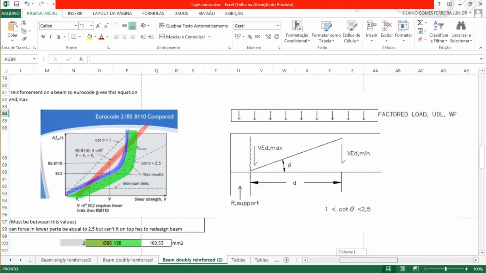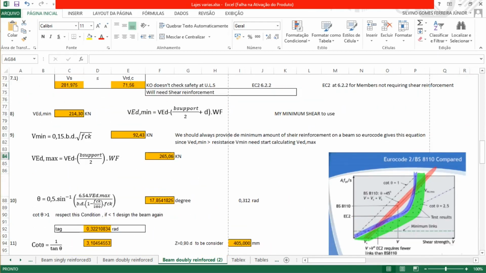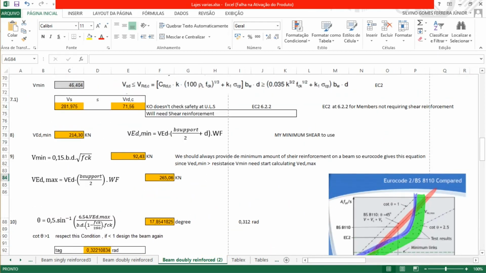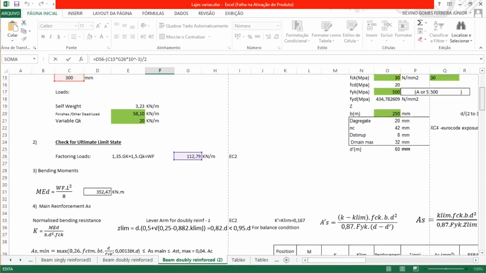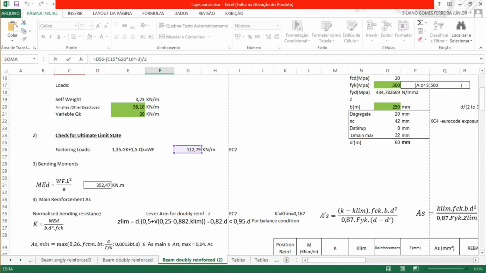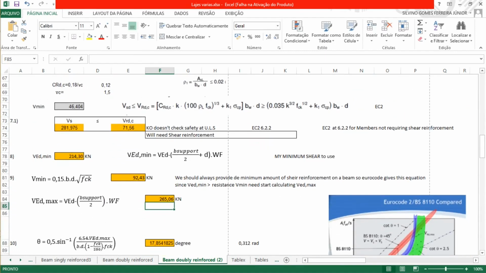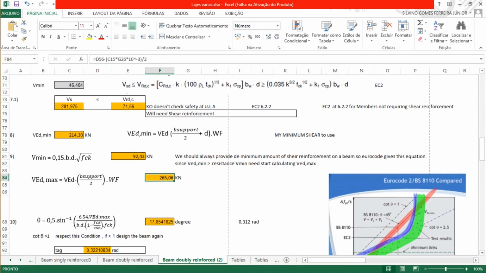We know it's 112, we calculated. So when we replace the VED, it was 281.975 less B of support that we are adopting, 300, divided by 2, by the factored load that was 112.79. It gave us 265. So that is at the face of the support.